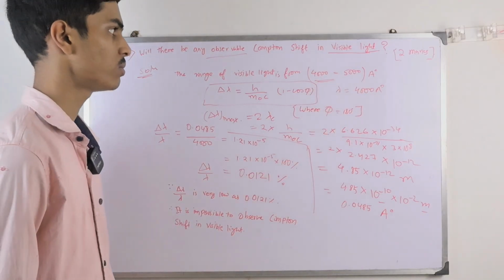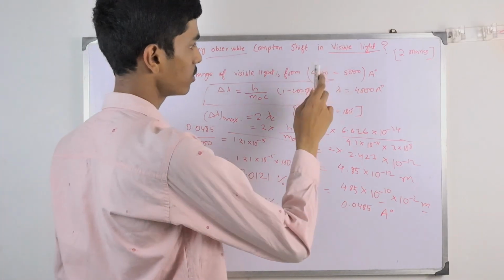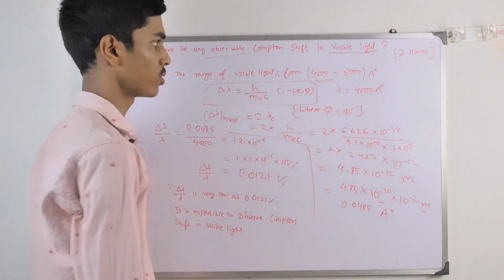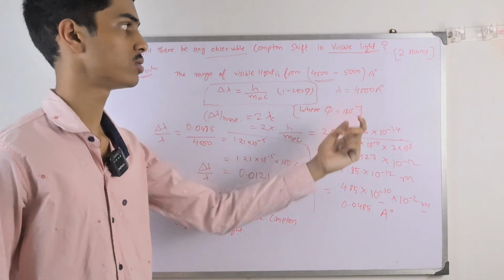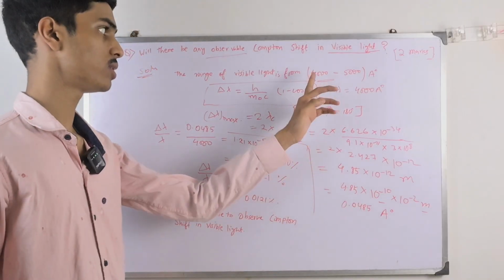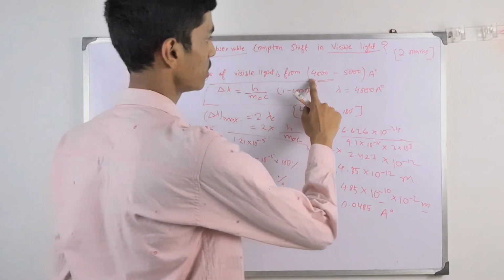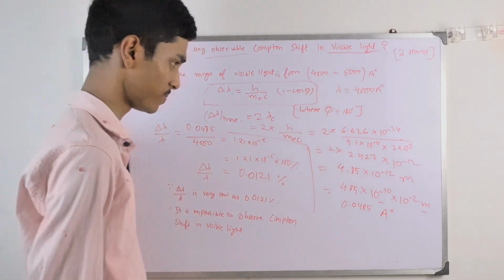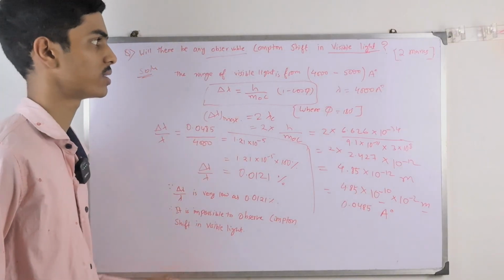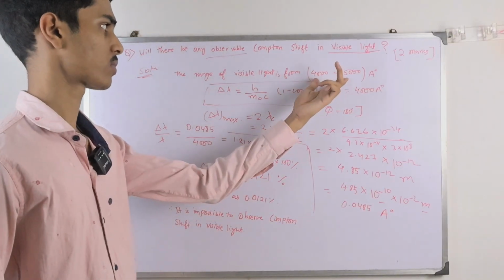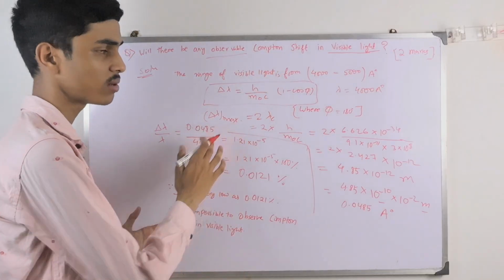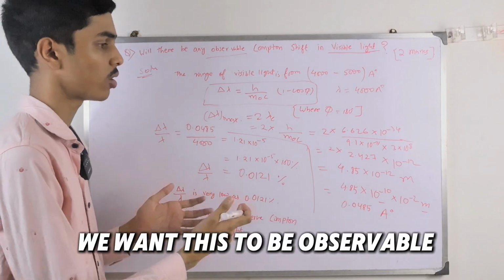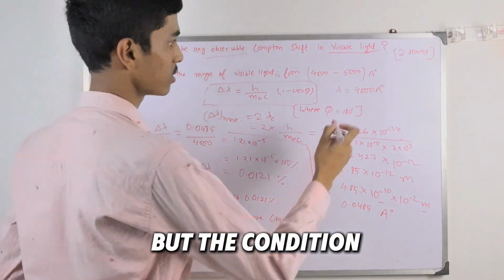You might be wondering, why do we consider this 4000 Angstrom? Why not 5000, or the middle of these two? The simple reason is that to find the maximum Compton shift, we considered the maximum thing.